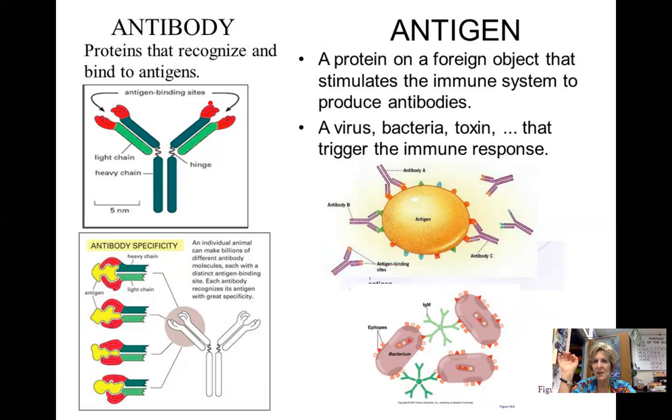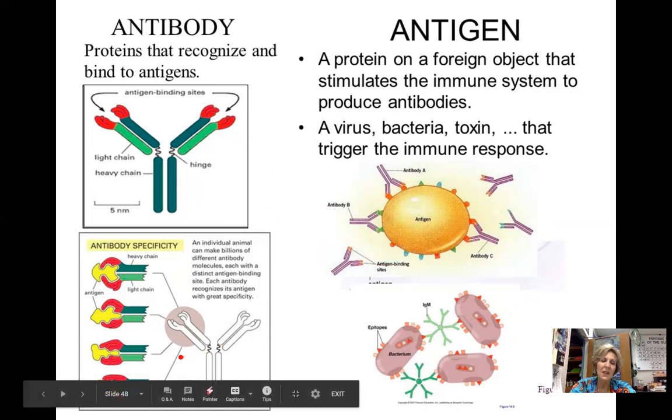And that is what is very specific. And so you only have specific antigens that would bind to the antibodies that have this specific antigen binding site. So we have lots and lots of antibodies that are floating around that aren't doing anything right now because there's no antigen that would fit into that antigen binding site just perfectly.